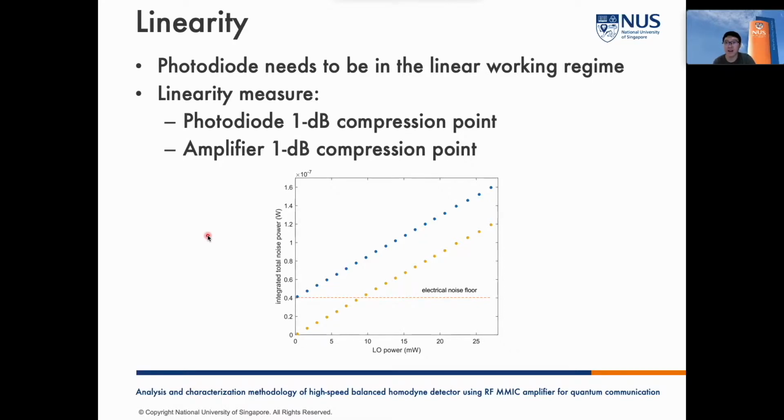So by ensuring that we are well below this 1 dB compression point, we can be sure that we are working in a linear regime. This is confirmed by measuring the fluctuation of the quadrature of the signal and plotting the integrated power of this noise spectrum with respect to the LO power. One can see from this graph that it is approximately linear, as expected.